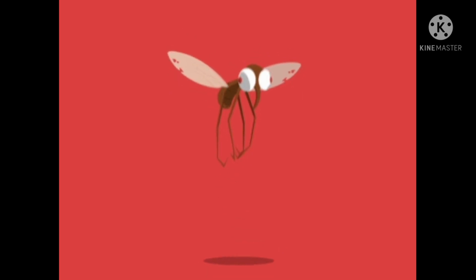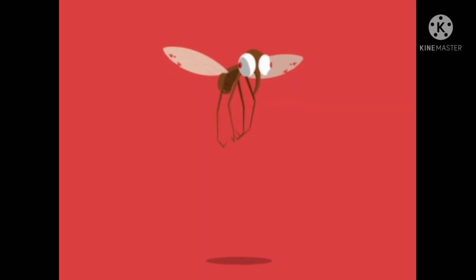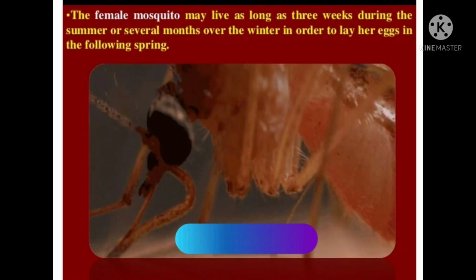Let's move on and learn some new facts about mosquitoes. The female mosquito may live as long as 3 weeks. That makes a total of 21 days during the summer or several months over the winter.